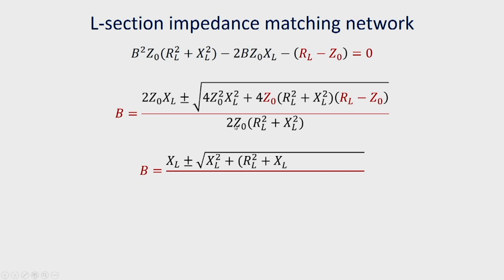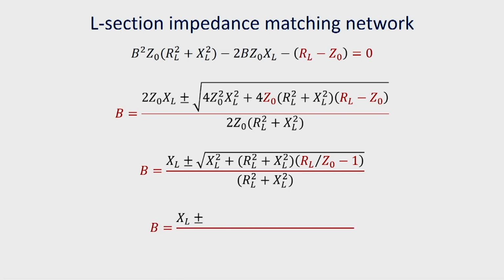We can divide both numerator and denominator by 2 Z naught, and then B can be written in this form. And from here we can simplify further.